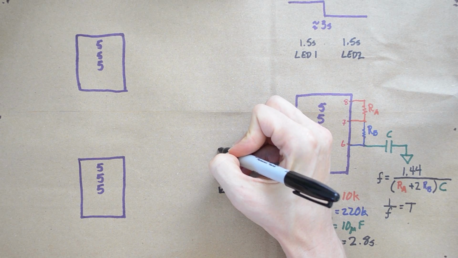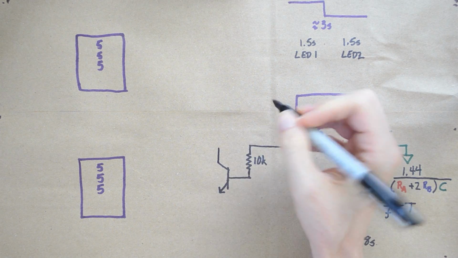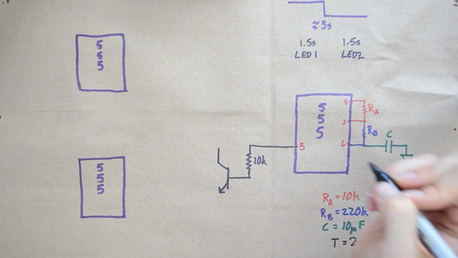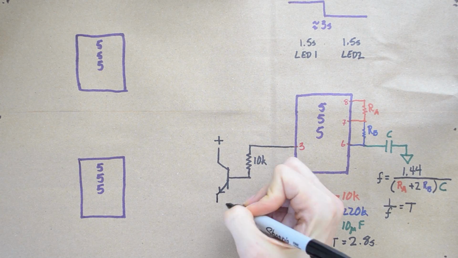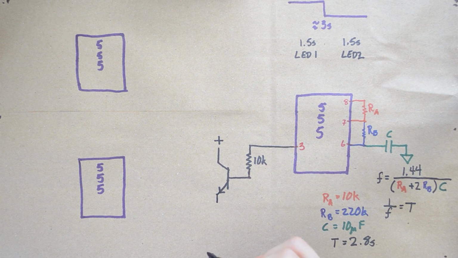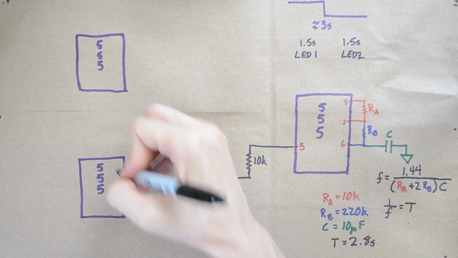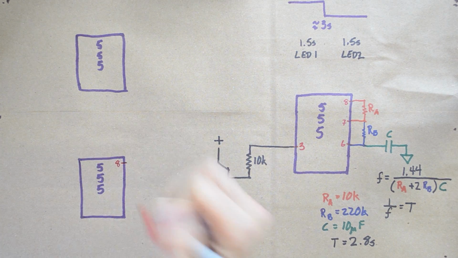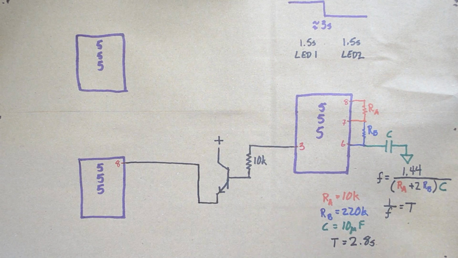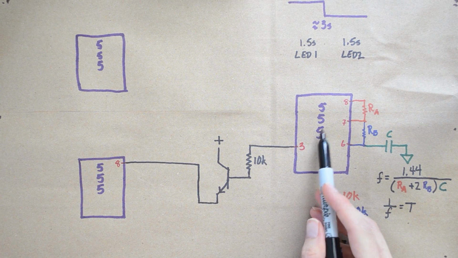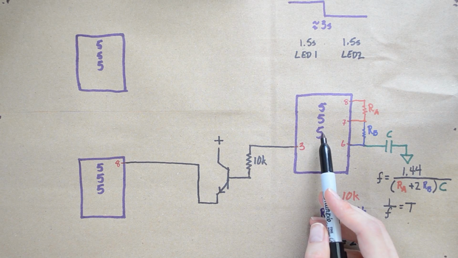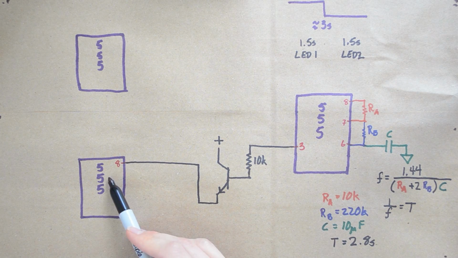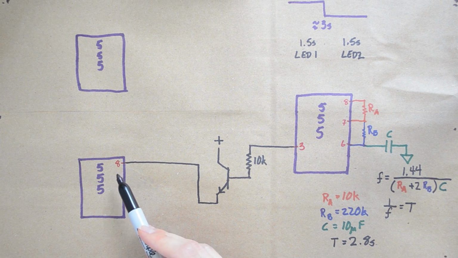The collector of this is going to be connected up to our power source. The emitter of this is going to be connected up to the power in on this 555 timer. So now every time this 555 timer here goes high, this 555 timer here is going to turn on.